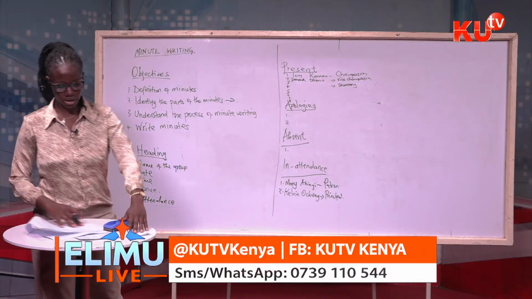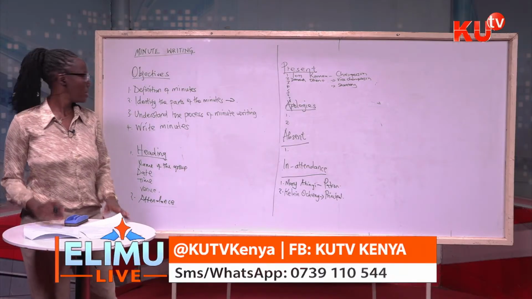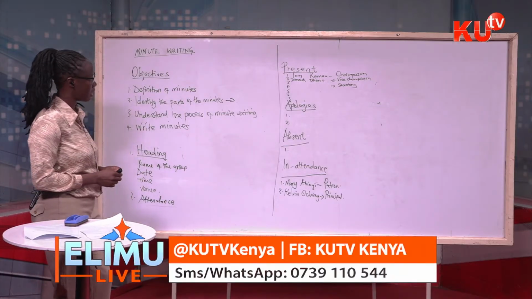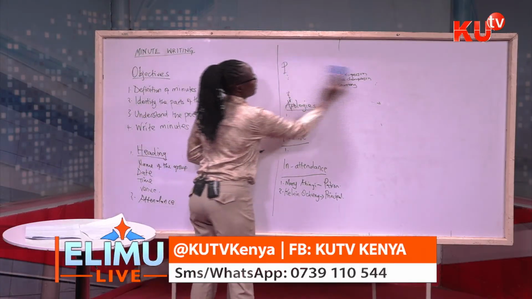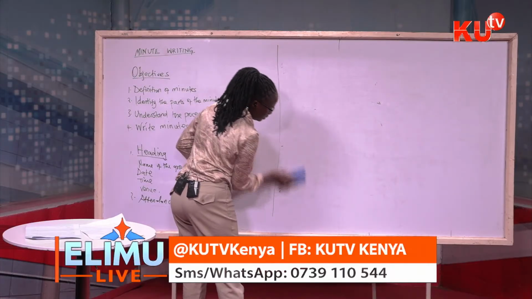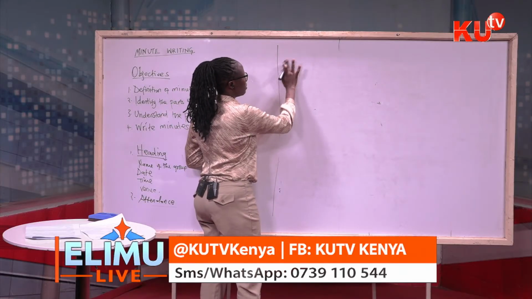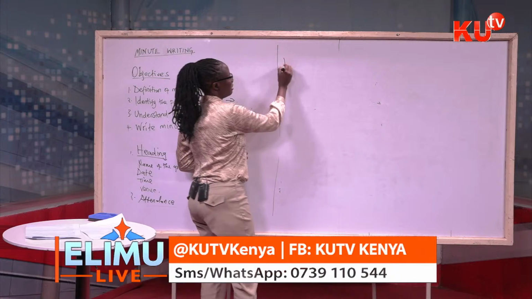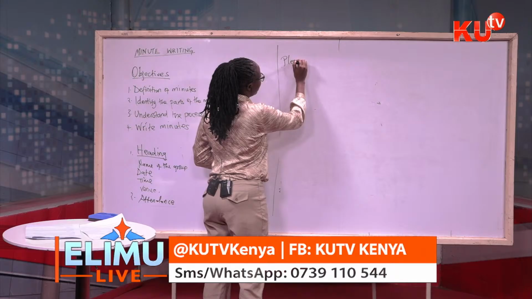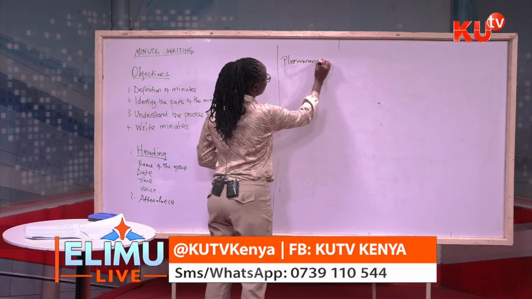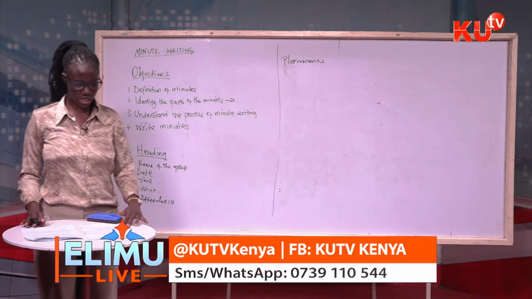So once you're done with attendance, the next thing we will look at is preliminaries. So the next subtitle is preliminaries. Let me just write it here. So this is the fourth thing that must be captured in minute writing.